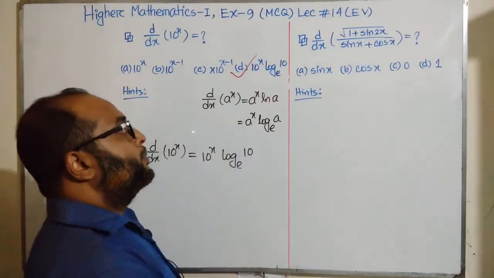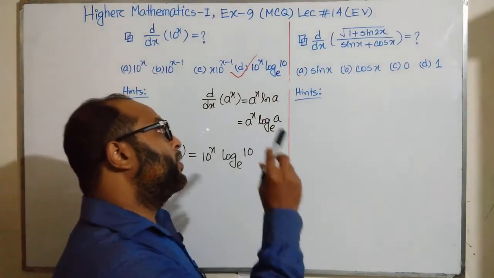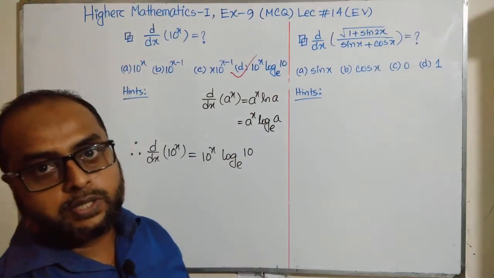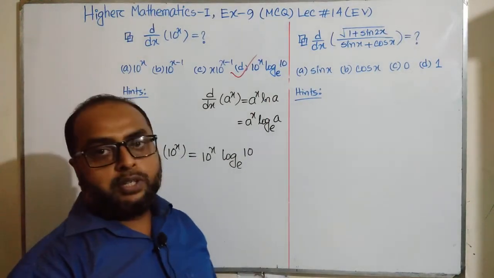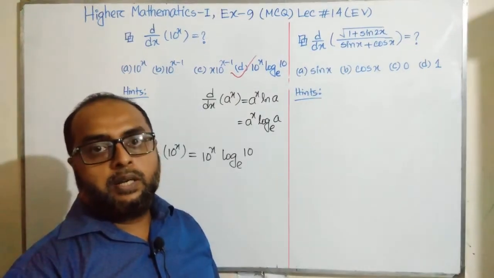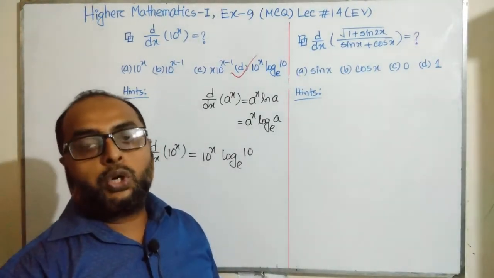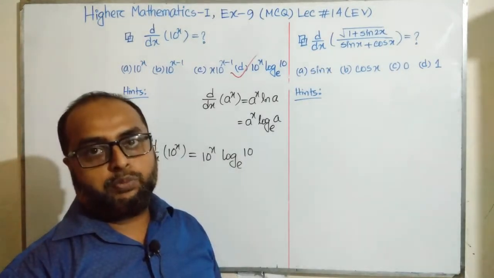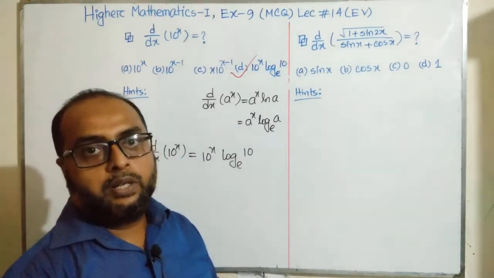Okay, next problem is d/dx of root over (1 plus sin 2x) divided by (sin x plus cos x). In the beginning of my today's class, I have told that to solve differential mathematics you have to know the trigonometric formulas well.